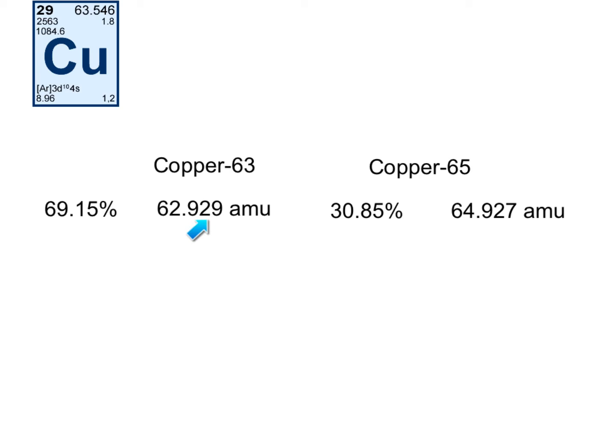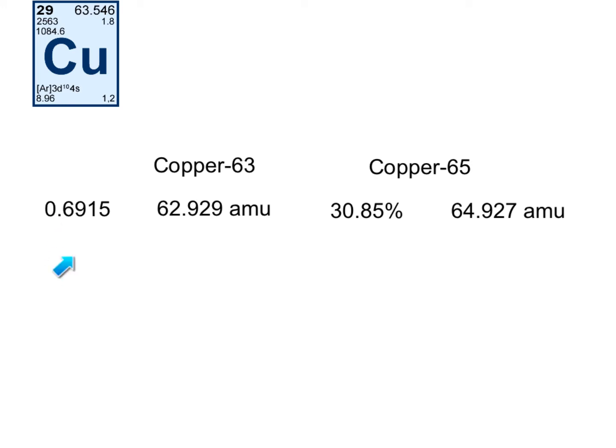Now remember, we said that most of our sample is the lighter in mass isotope, and so our average atomic mass should be closer to this mass than it is to this mass. And if you take a peek right there, you'll find that it is. So we'll see how that number gets calculated right now. To do a weighted average, the first thing we're going to do is take our percentage and change it to a decimal.